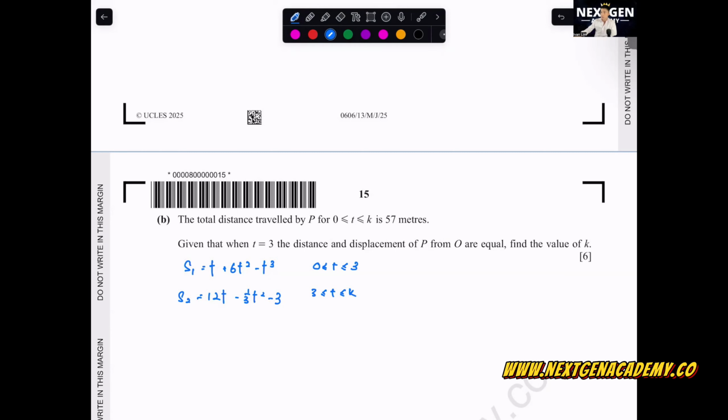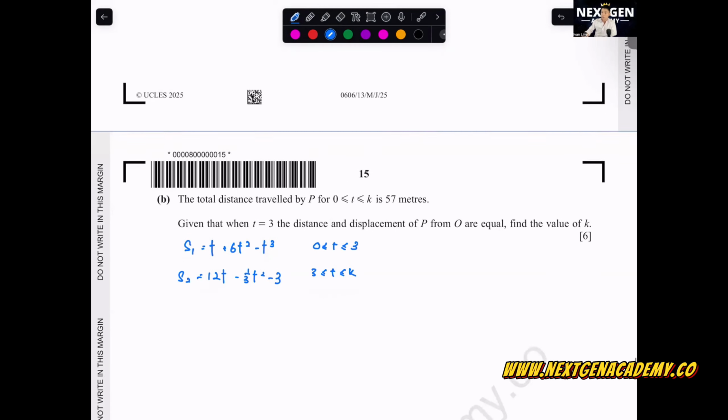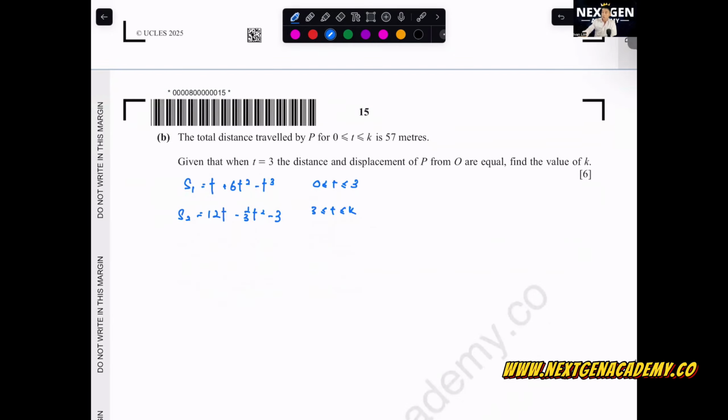They say when t equals 3, so let's substitute t equals 3 into the first equation. 3 plus 6 times 3 squared minus 3 cubed. This will be 3 plus 6 times 9 minus 27. 3 plus 54 minus 27, which equals 30.